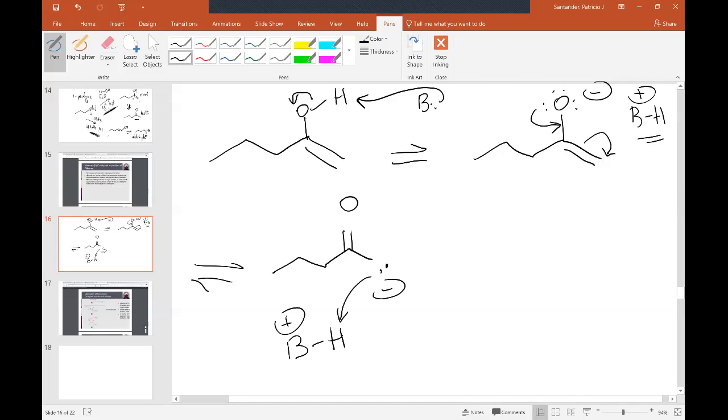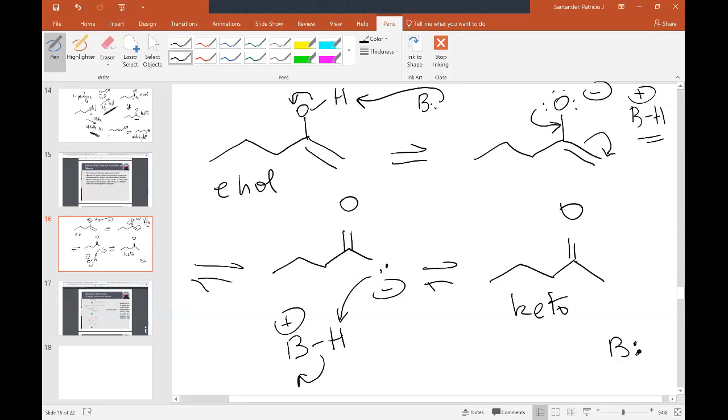So now this is capturing a proton, and we are forming the protonated form of the ketone, and then the base becomes the base without the proton again, right? So you get the keto form, and you started with the enol form. And so that overall process is what we call the keto-enol tautomerization.